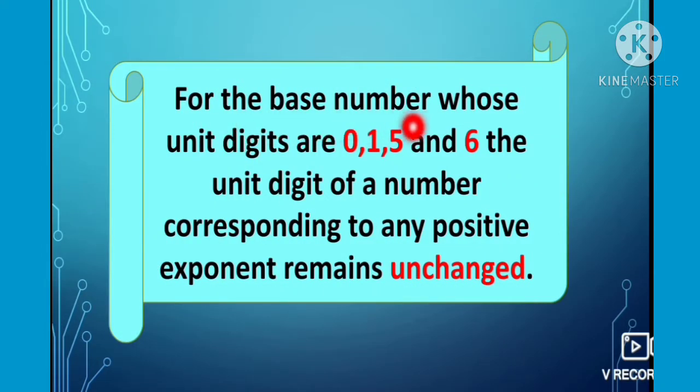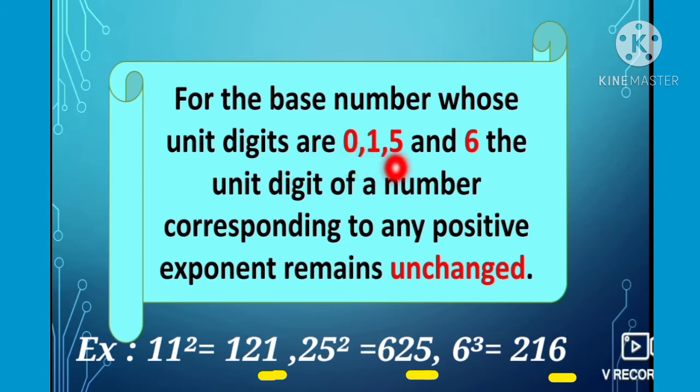For the base number whose unit digits are 0, 1, 5 and 6, the unit digit of a number corresponding to any positive exponent remains unchanged. That is, we get the unit digit as the same numbers. For 0, we get the unit digit as 0.